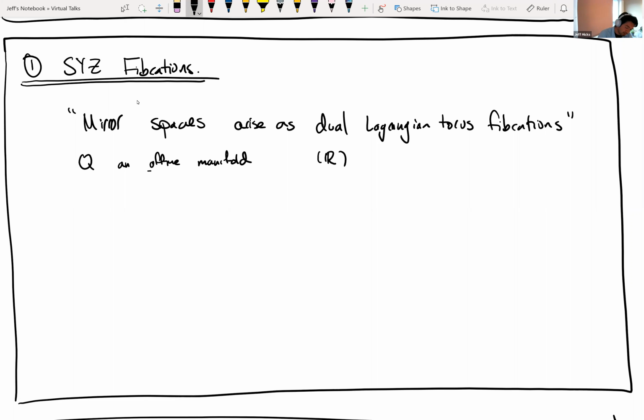And as an affine manifold, what do I get? I get inside of the tangent bundle a lattice of integral affine vectors. And inside of the cotangent bundle, I also get a lattice.